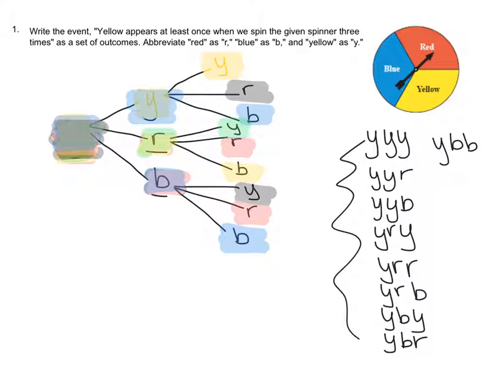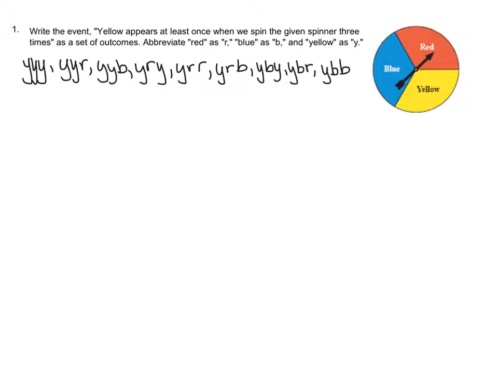These sets here represent all the outcomes when I spin a yellow first. Now I'm going to do the same thing for spinning a red first and a blue first.